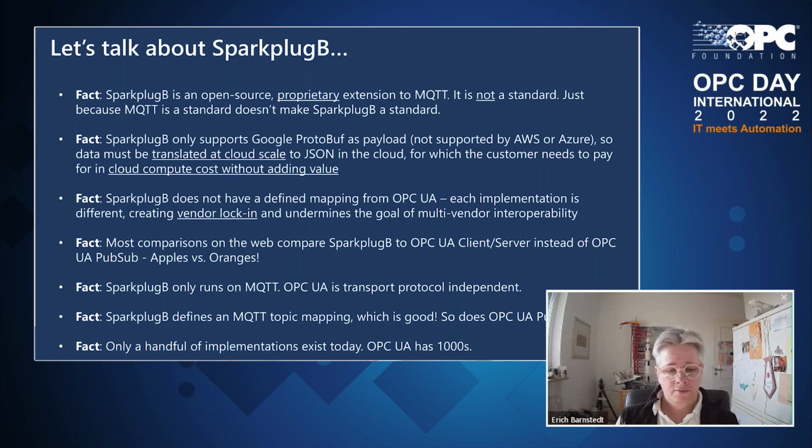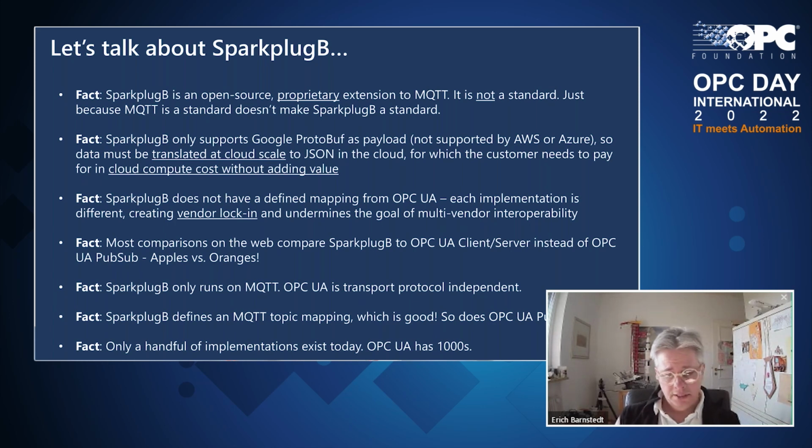So there's no mapping from OPC UA to Sparkplug, which means that any implementation will be different, and usually, again, well, not usually, always proprietary. It's going to lock you into that particular data format and completely undermines the whole idea of multi-vendor interoperability, which is the goal of the OPC Foundation. So OPC UA has a mapping to MQTT, of course, and it's automatic. You don't need to do anything for it.